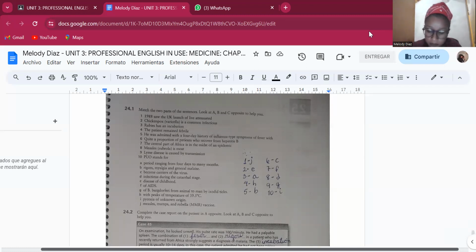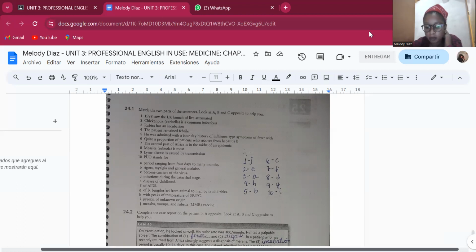Complete the case report on the patient in A opposite. Look at A, B, and C opposite to help you. Case 45. On examination, he looked unwell. His pulse rate was 100 per minute. He has a palpable spleen. The combination of fever and rigors in a patient who has recently returned from Africa strongly suggests a diagnosis of malaria.